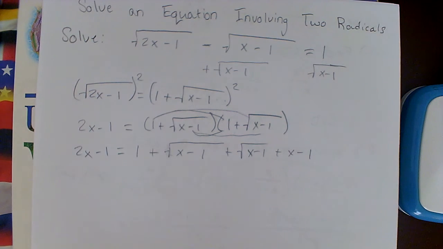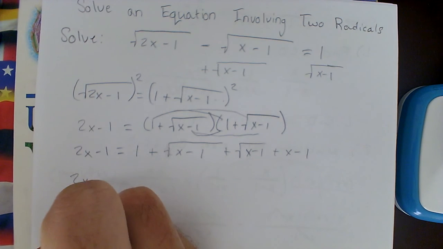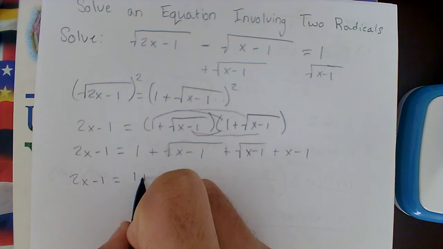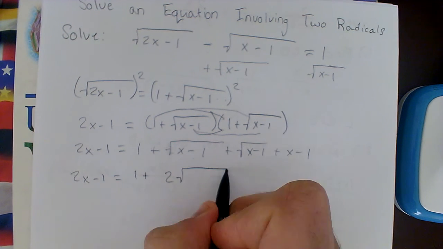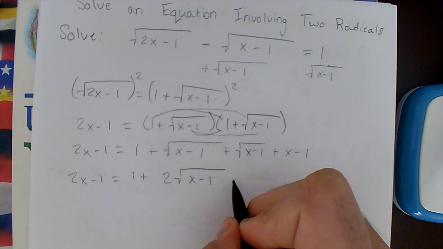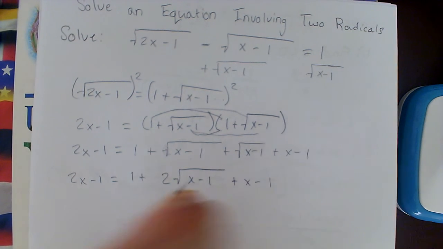So this can be simplified to 2x minus 1 equals 1 plus, if we have 1 plus another one, we just put a 2 times root x minus 1, plus x minus 1.